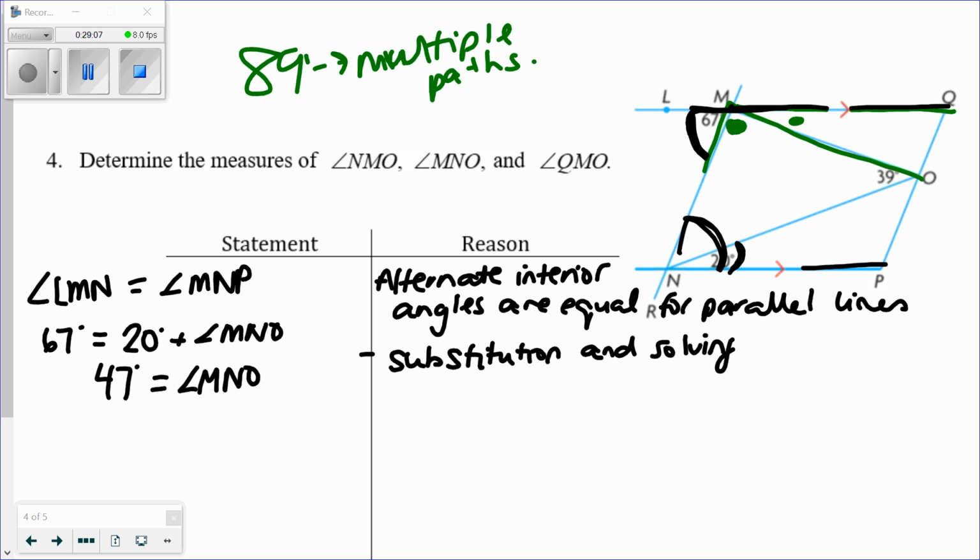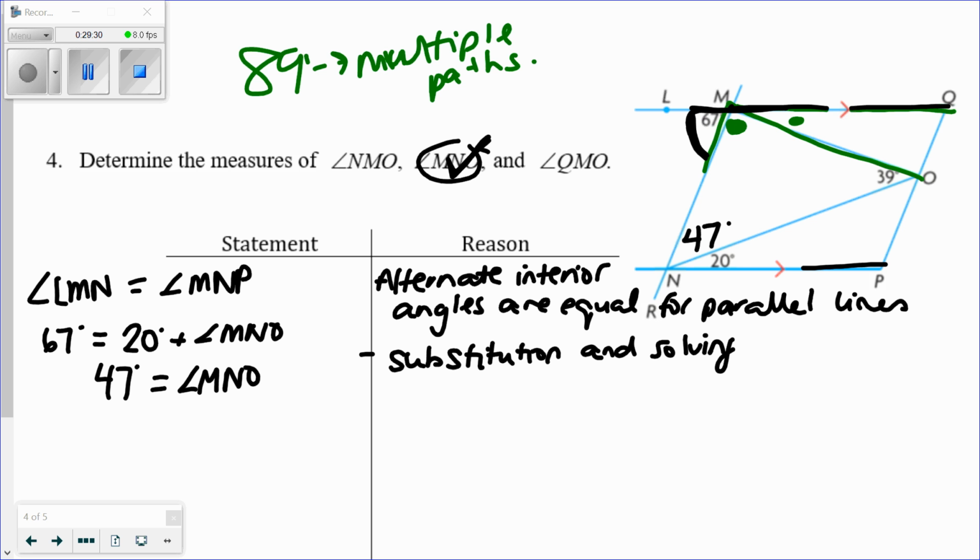So we've substituted in what we had and solved for MNO. That was one of the ones we needed to do. So yay, we're done with that angle. I'm just going to write that on because I might need it a little bit later. I'm going to do this a different way than I usually do because there's lots of ways. So this is 47 degrees.